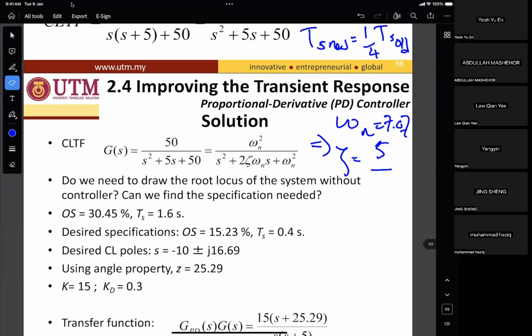And zeta, what is the zeta value? 0.35. So you use the graph.